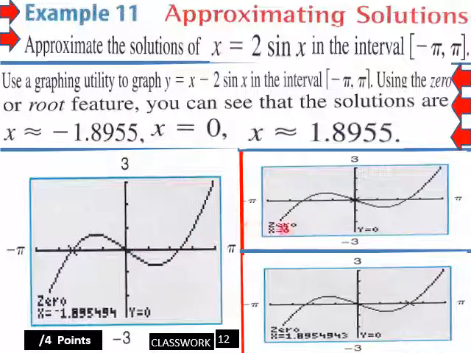So these would be the graphs here when you're using zeros, when you're using your trace, and then you hit your root feature, you can find your solutions here graphically. Another 0 is over here, then a 0 is there.